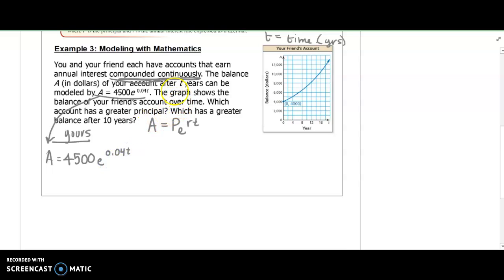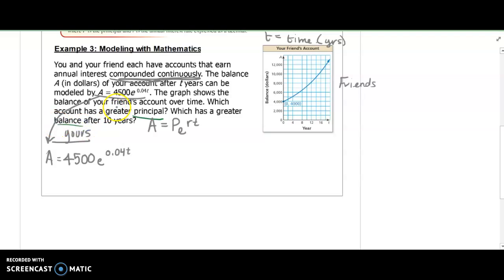Okay, the graph shows the balance of your friend's account over time. So this here is our friend's. Which account has a greater principal and which has a greater balance?